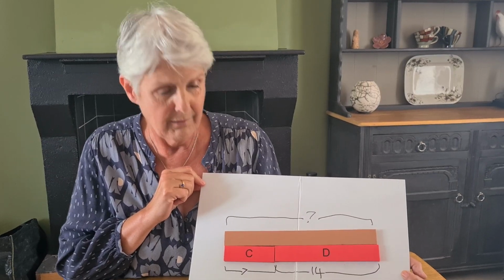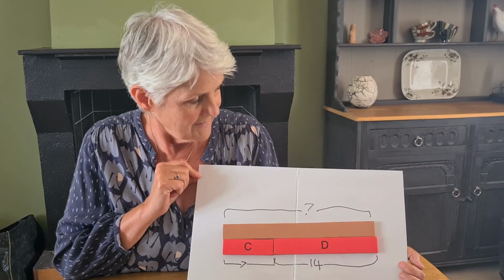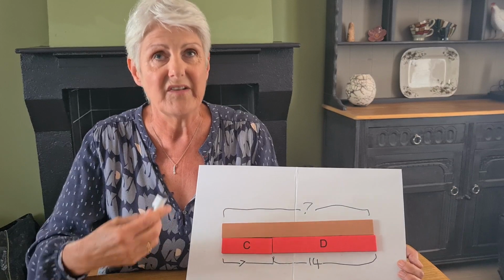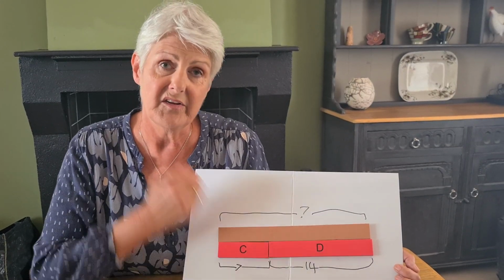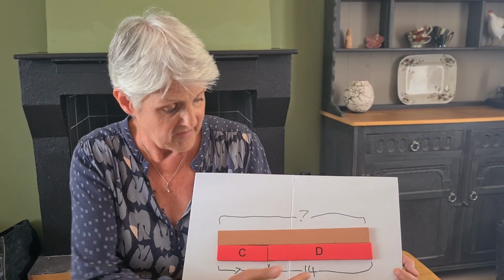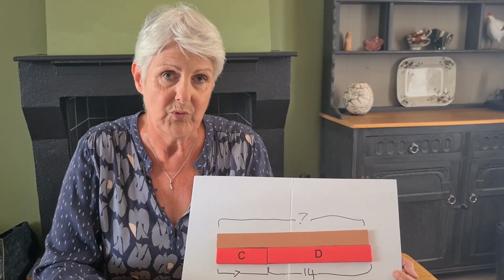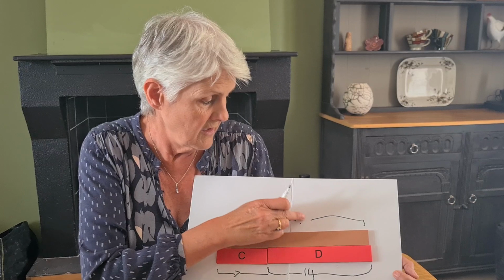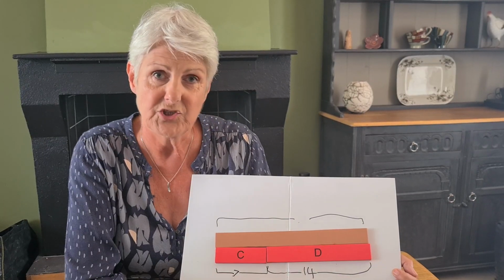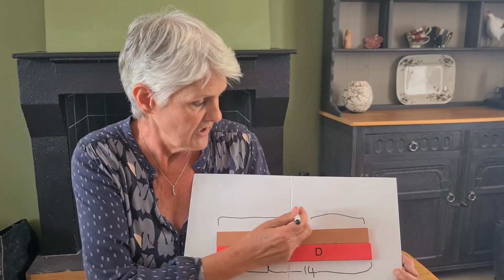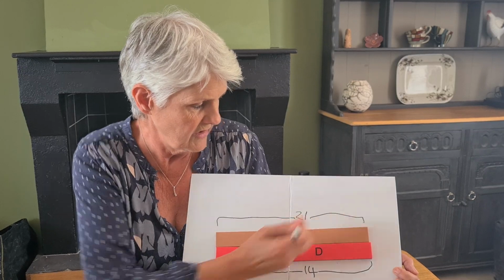Of course, you'll get to 21 in the end, and that's when we can talk about 21 being the answer to this problem. If there are 7 biscuits and 14 biscuits, how many are there altogether? And that's the point at which we can remove our question mark, make sure the children are confident that they have actually found the answer to the question, and that is 21.